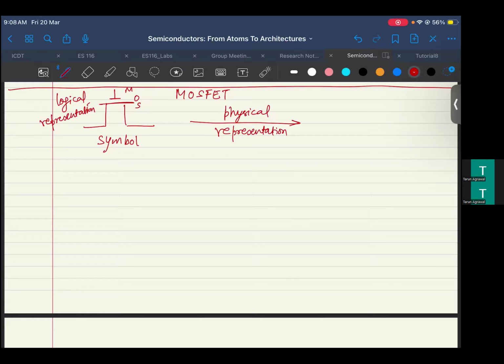Typically anything we are making, we cannot hang it in the air, so we have to make it on some base, right? Similar to your chair, everything has a base.